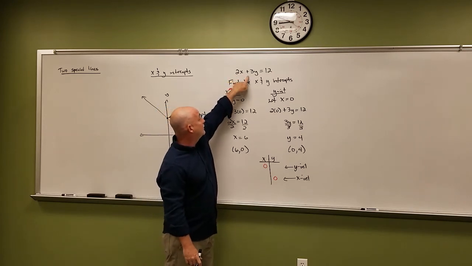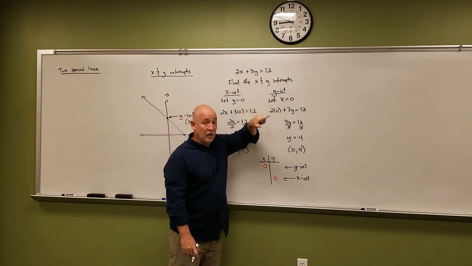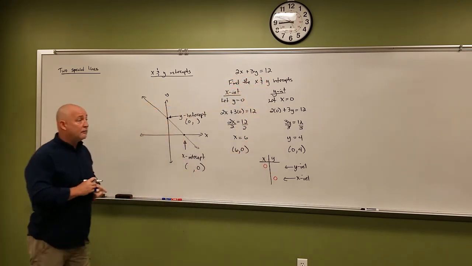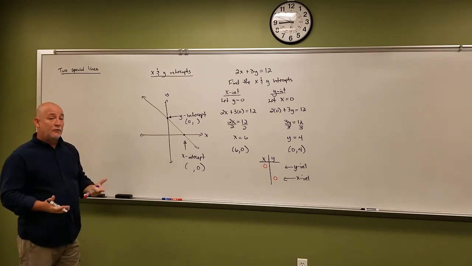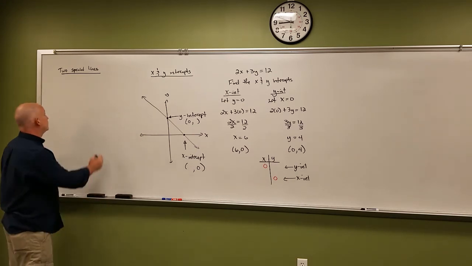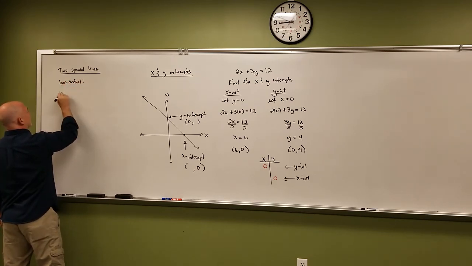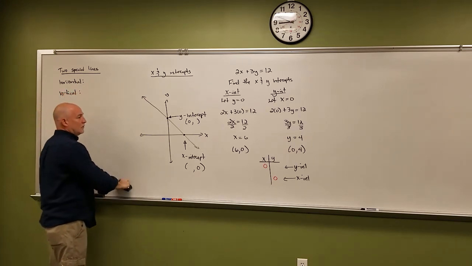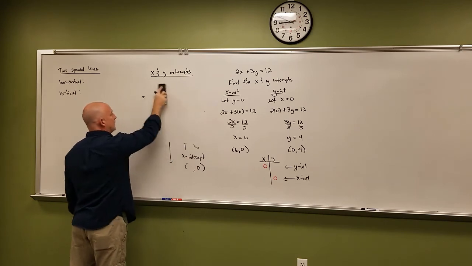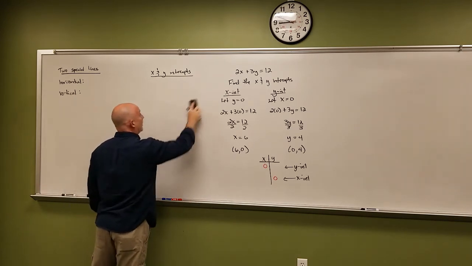Some number times x, some number times y equals a number. All of them can be written in that form except for 2 of them. And the 2 special lines we're going to talk about are horizontal and vertical lines.